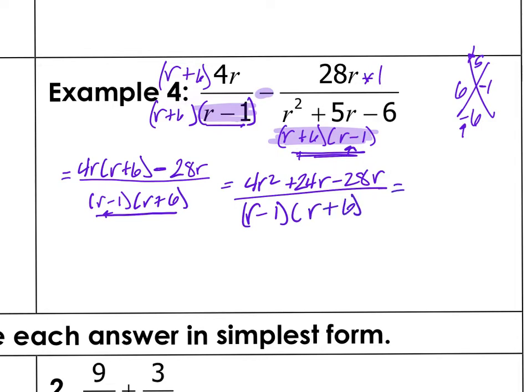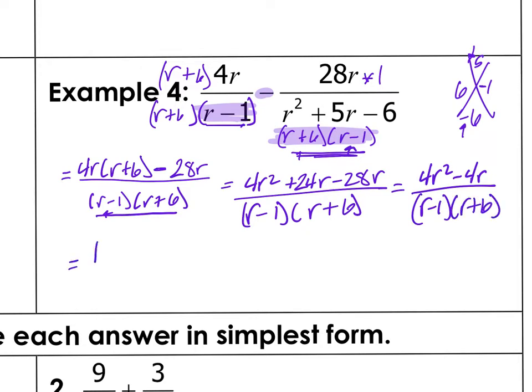So then I get 4r squared minus 4r all over r minus 1 times r plus 6. So I can factor the top.